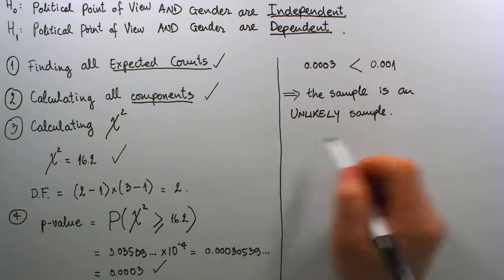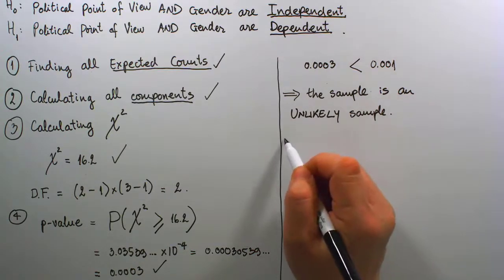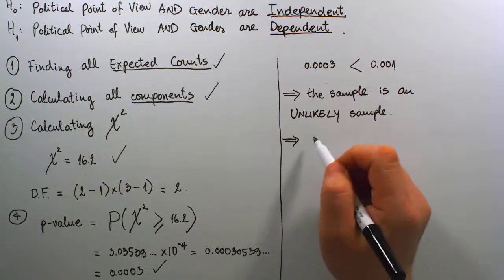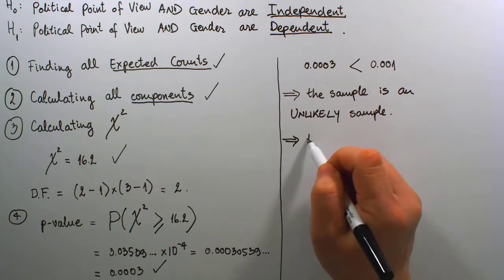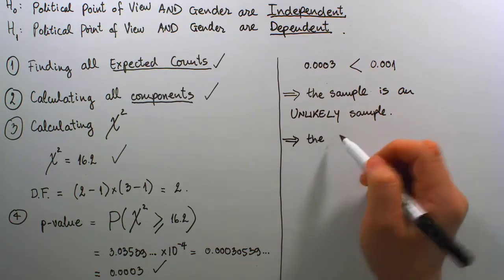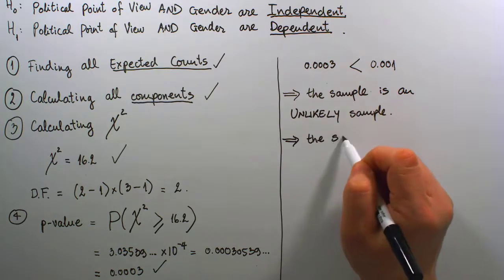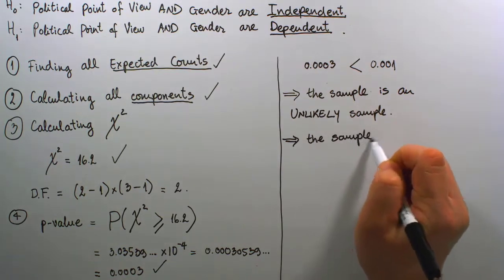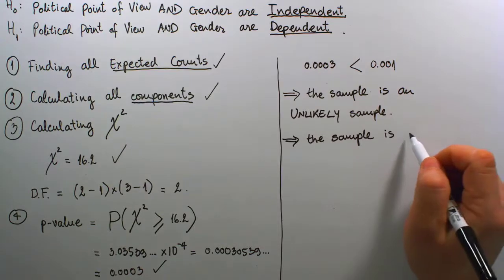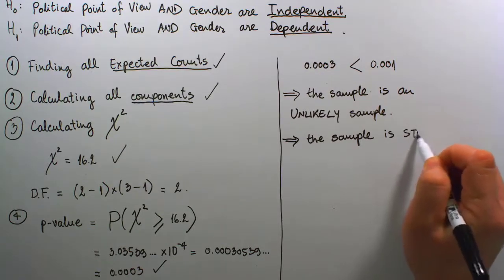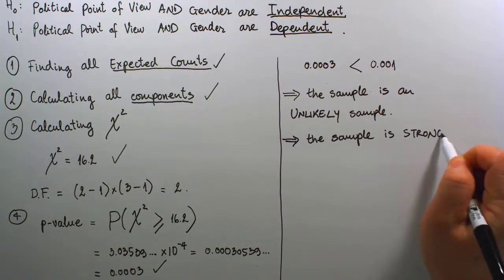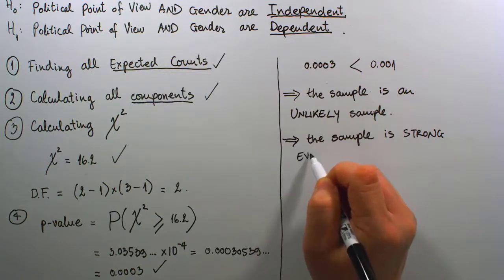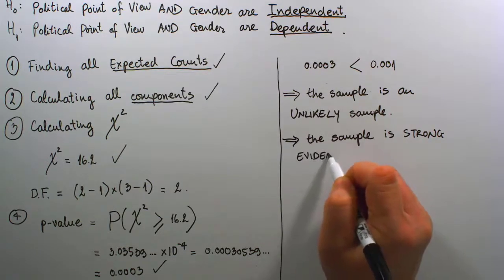And being an unlikely sample leads to the further conclusion that the sample we have here as the table itself is strong evidence, or is showing strong evidence.